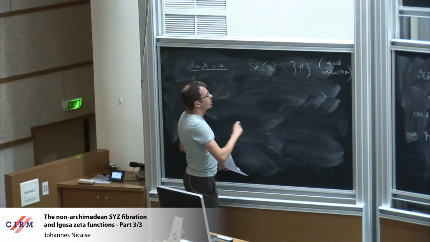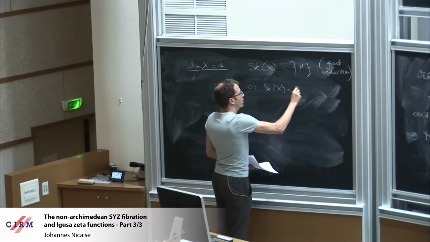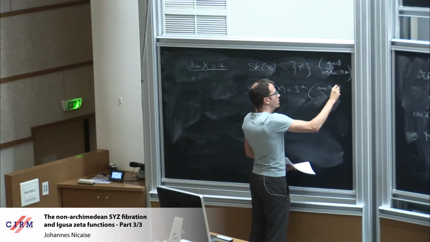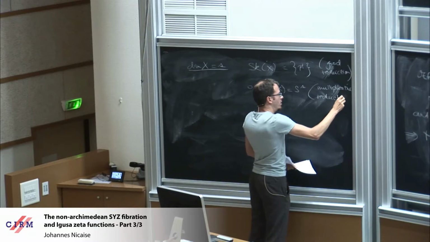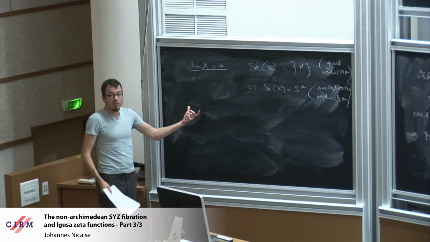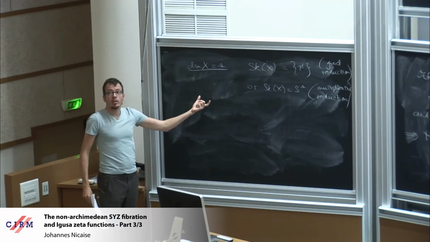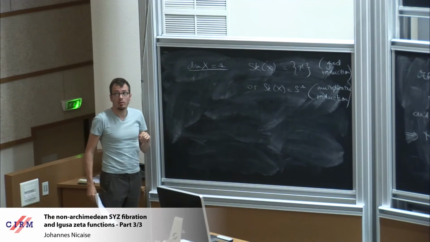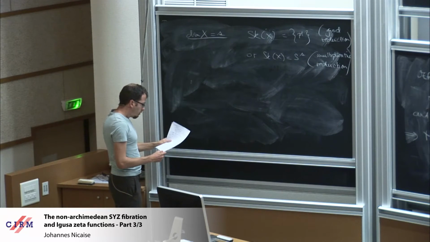On the other hand, if we have multiplicative reduction, then the essential skeleton is going to be a circle, which is precisely the skeleton of the minimal SNC model that appeared in the picture that I've shown you last time when I discussed the structure of the analytification of Tate curves. So that's the complete picture for elliptic curves.